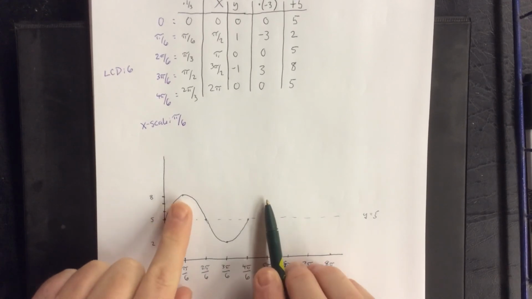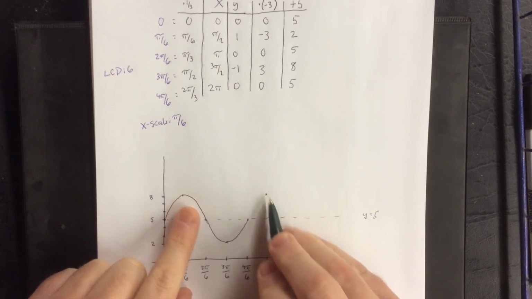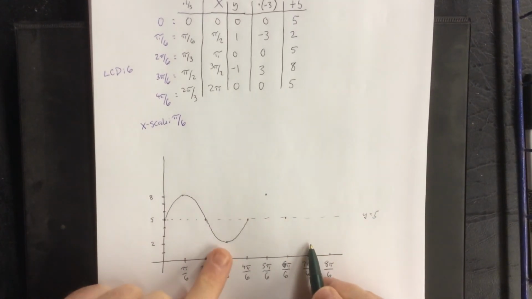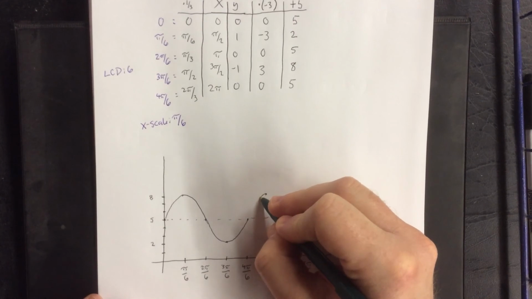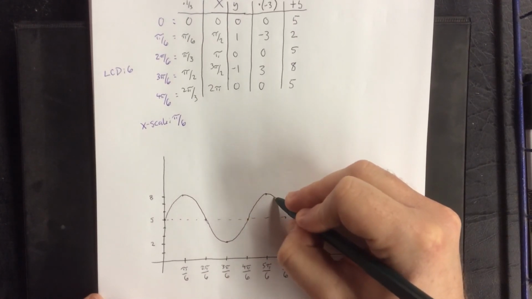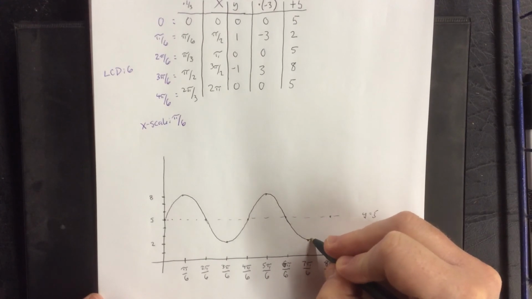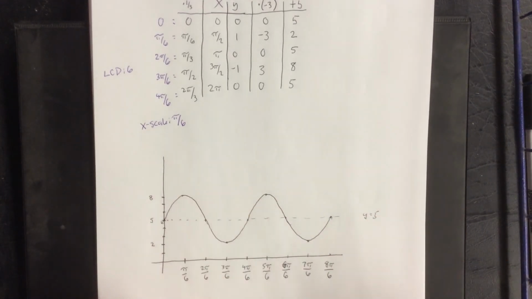So for the next point, up to a maximum, back to the midline, down to a minimum, and back up to the midline. And then curves just so elegantly back into that midline.